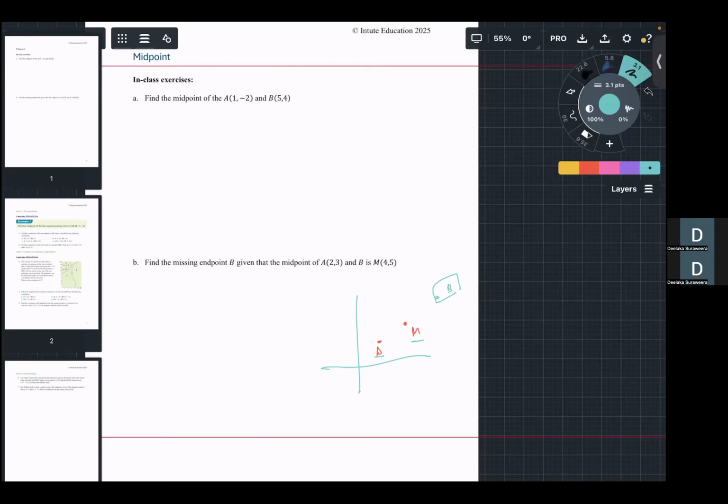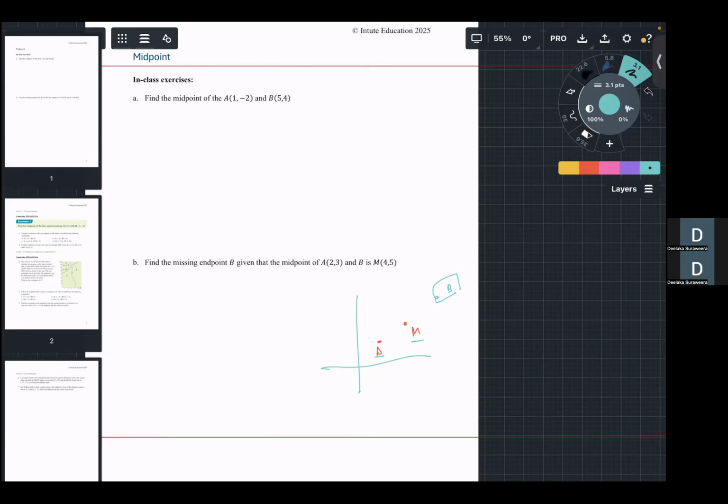Wait, this wouldn't technically just be a straight line, would it? The answer is just this thing here. It's not literally a straight line. B is 4 and then 5. No, M is 4, 5. So doesn't that mean B has to be something up here? You can have an idea of it because even the formula is just adding whatever half the number was with this.